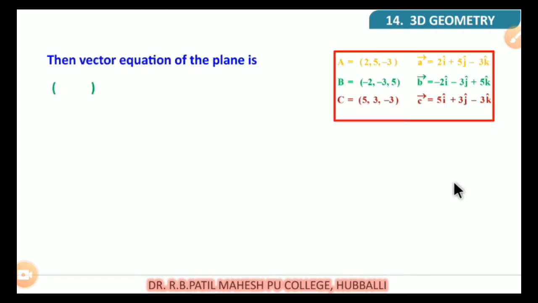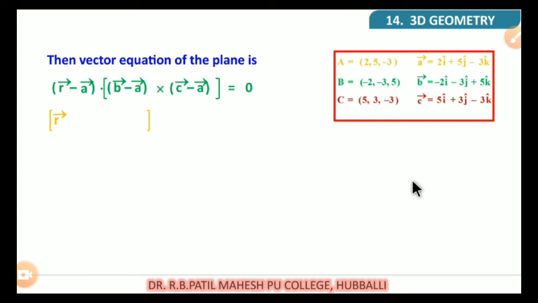Let us find the vector equation of the plane. So, r minus a dot product with b minus a cross product with c minus a, which is whole equal to 0. Therefore, we can replace the values here.